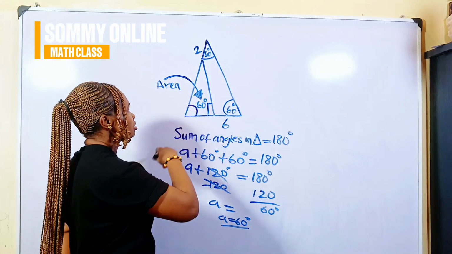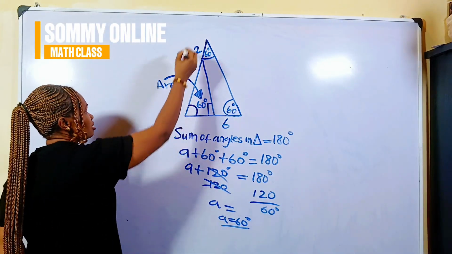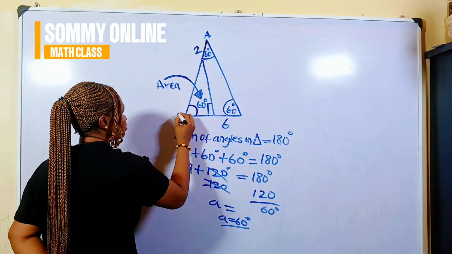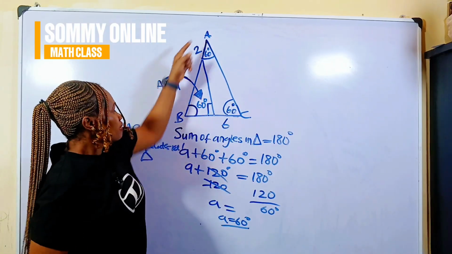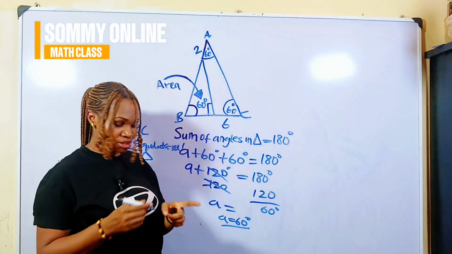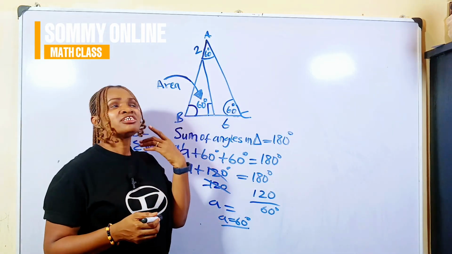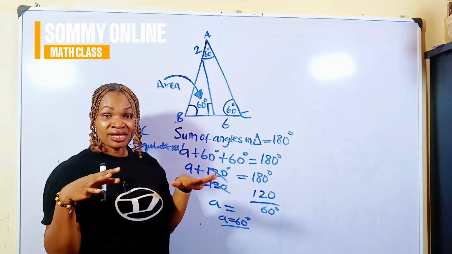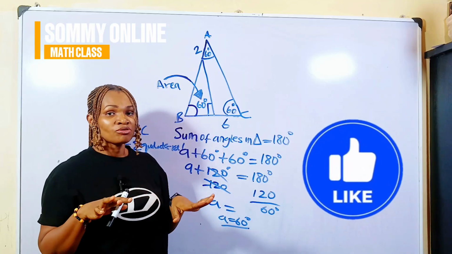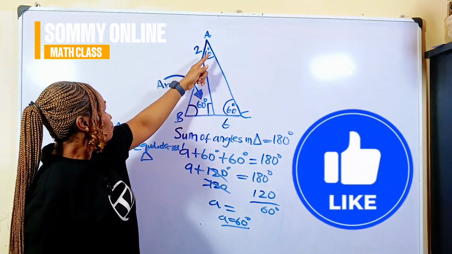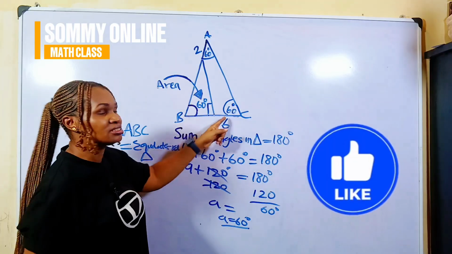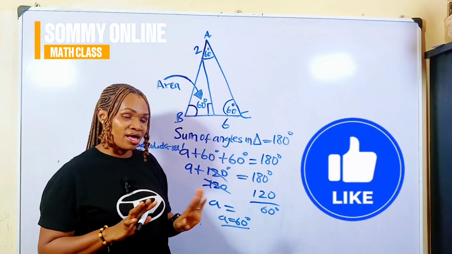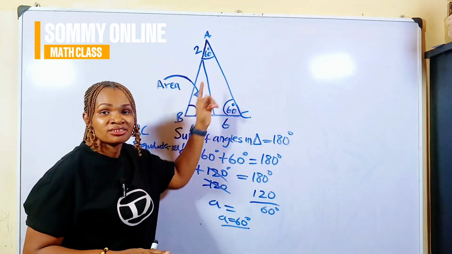If you look at this, let's call it A, B, C. Triangle ABC is an equilateral triangle. What do I mean? An equilateral triangle has all sides equal and all angles equal. We have 60 here, 60 here, 60 here, meaning all angles are equal and also all sides are equal.